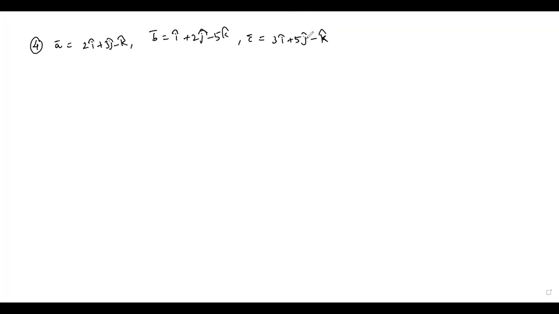Here they are asking what? Now a vector, some vector we don't know, for example D bar, perpendicular to A bar, and it is lying in the plane of B bar and C bar.